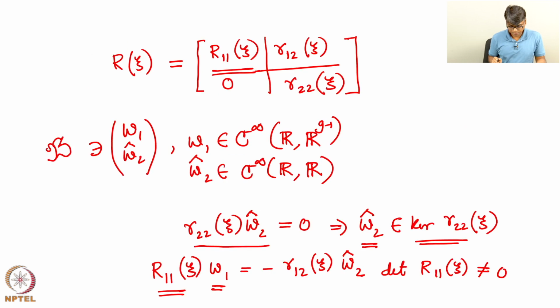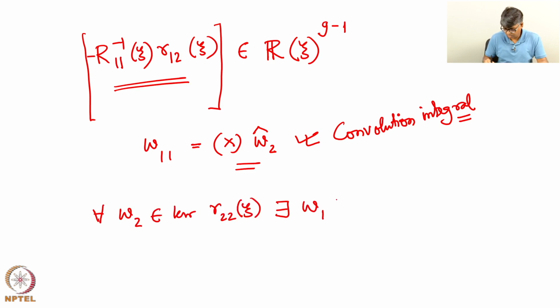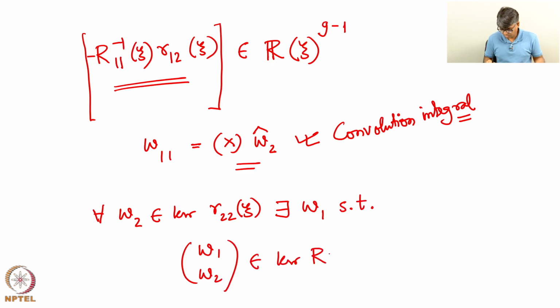So, the point that I am trying to make here is that for every w2 in the kernel of R22(ξ), there exists a w1 such that w1, w2 together is in the kernel of R(ξ). Now, what does that mean?